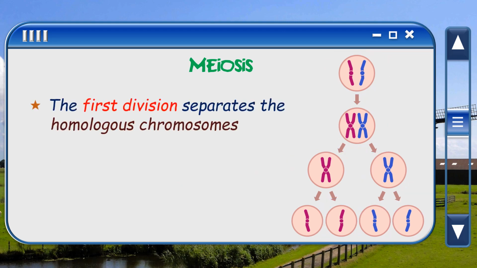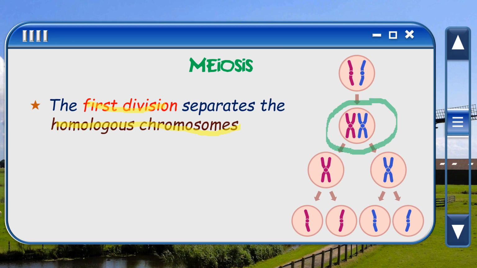The first division separates the homologous chromosomes. That is during the first meiotic division. And we have seen that the first meiotic division takes place around here, and what we have inside are what we are referring to as homologous chromosomes.